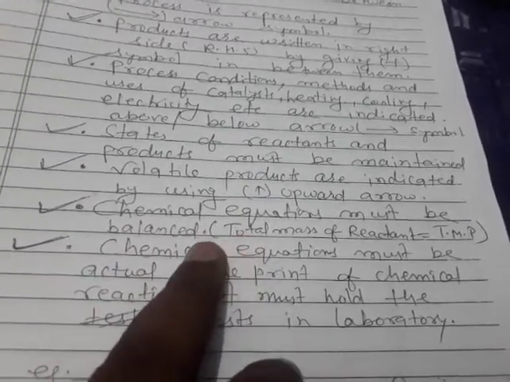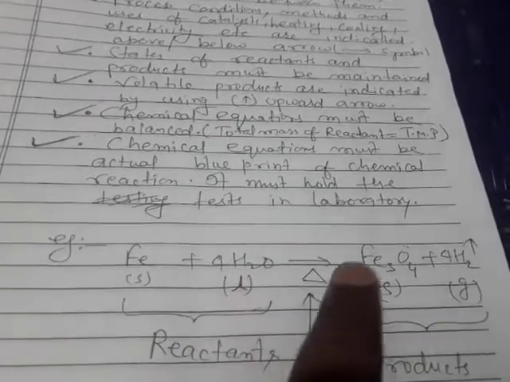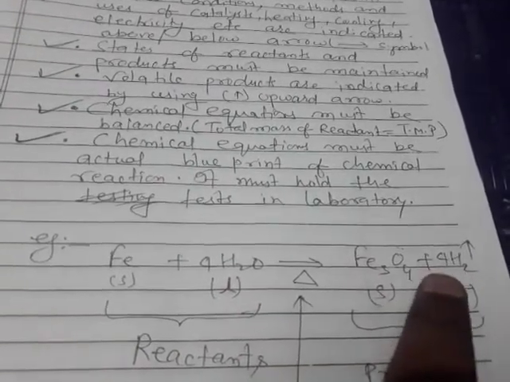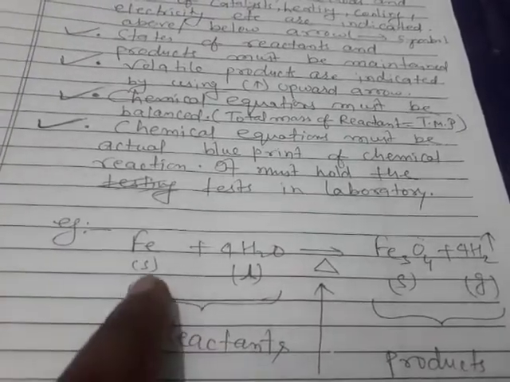A chemical equation must be balanced. It means the total mass of reactants is equal to the total mass of products. As for example, we can see this.